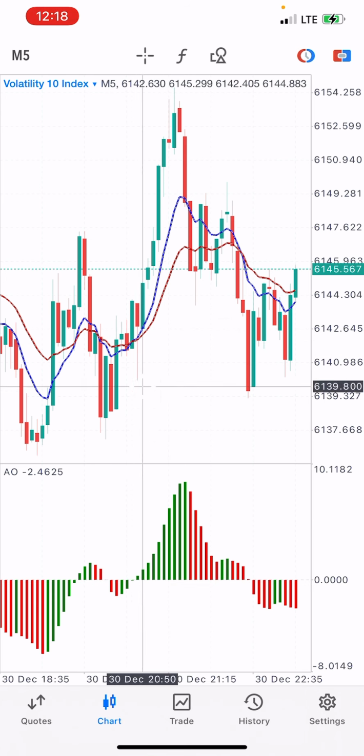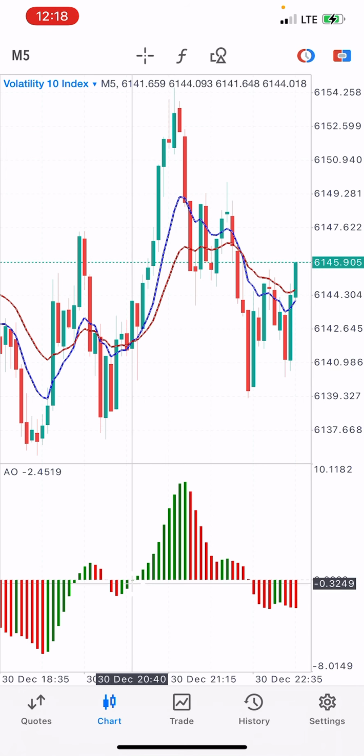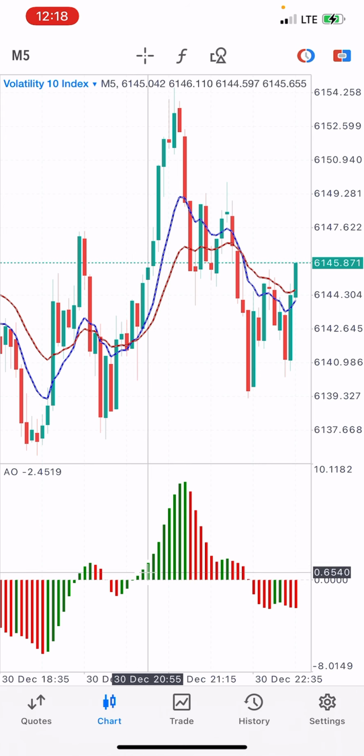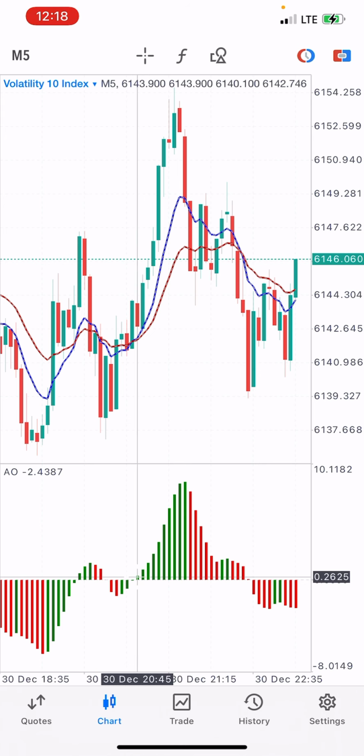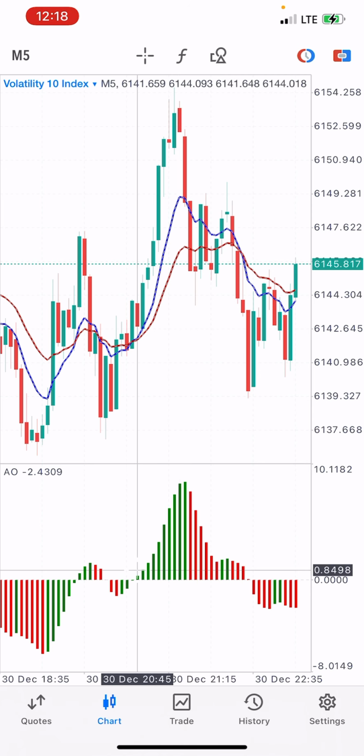That is not enough for you to enter the market. Come down to the awesome oscillator and check if it is above the zero level. When it's above the zero level, it indicates a buy. When it's below the zero level, it indicates a sell. So at this point, guys, we get a buy.